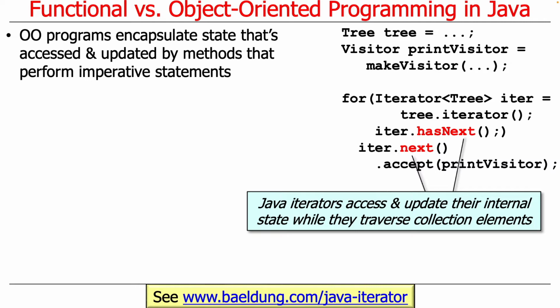Here's an example you're undoubtedly familiar with if you've worked with Java for any length of time, particularly older versions of Java that use Java iterators, which access and update their internal state while they're traversing the elements in a collection. And of course, in order to implement methods like hasNext and next, it's necessary for the iterators to get access to state and to update their state to keep track of where they are in the iteration and what element to return next.